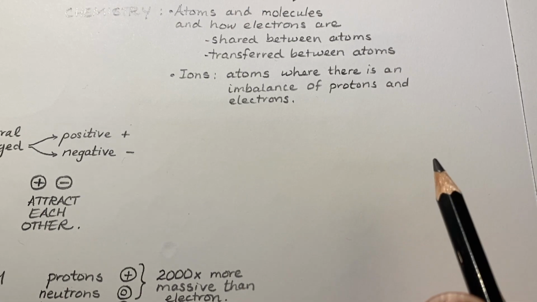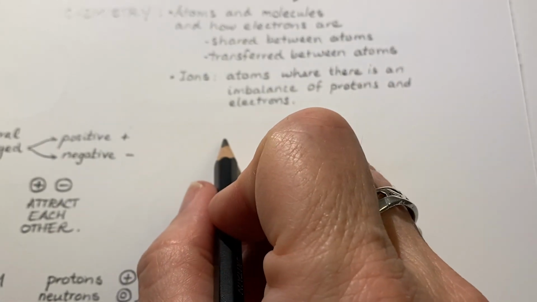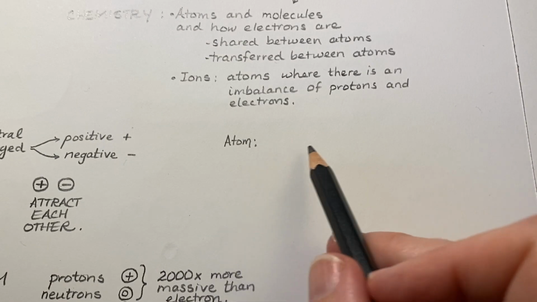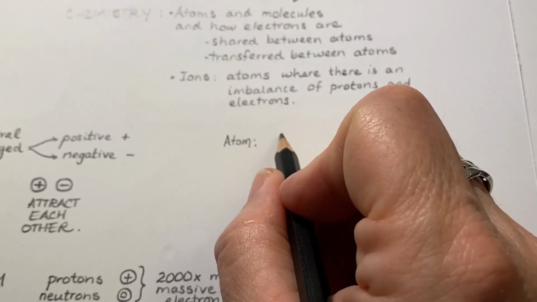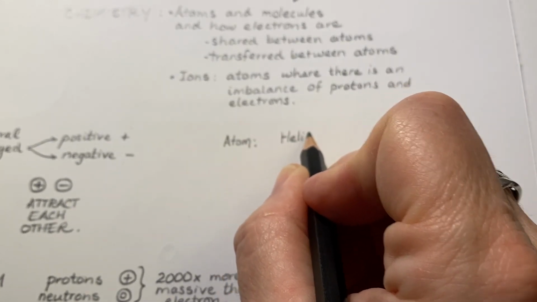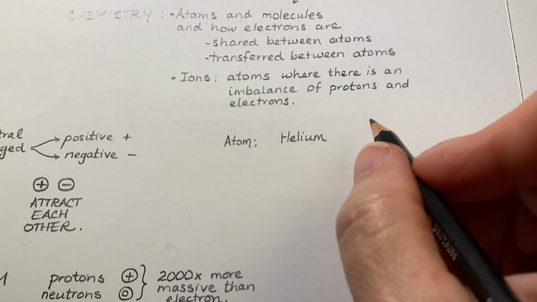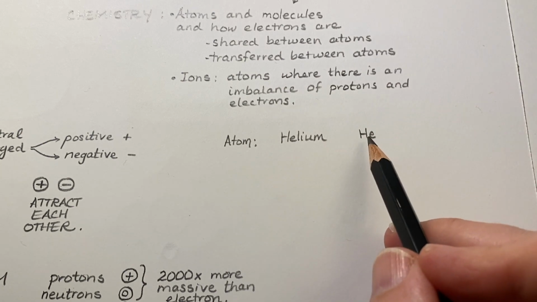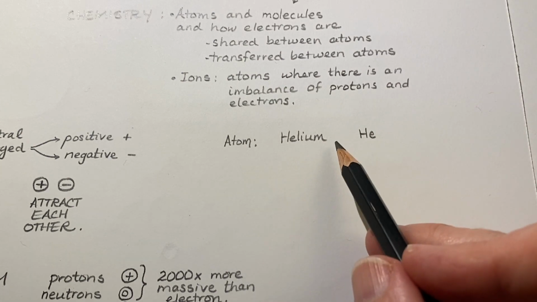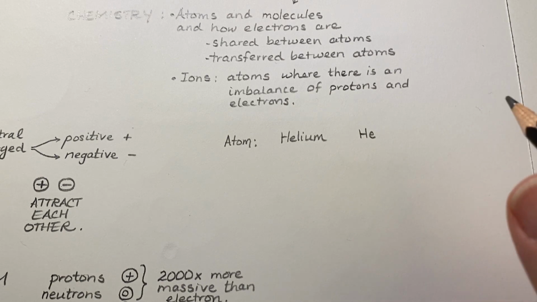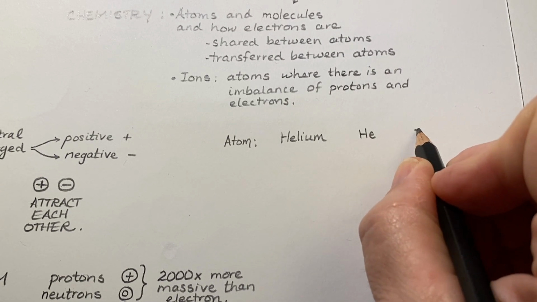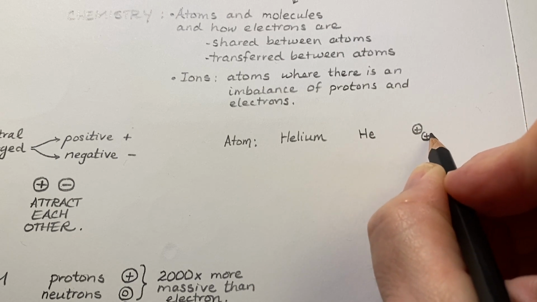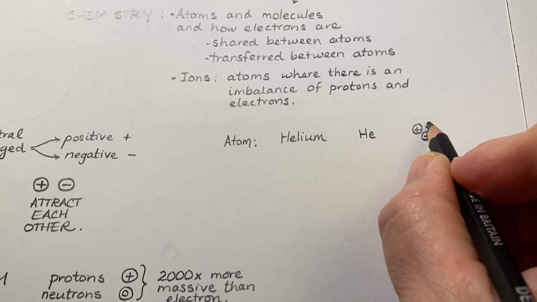So let's look at some examples. I'll show you 3 examples of an atom that we see in everyday life, and one would be helium. So helium has the chemical symbol He. Helium has 2 protons, 2 neutrons.